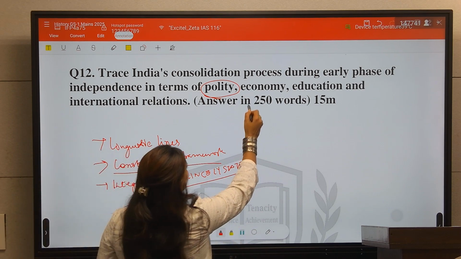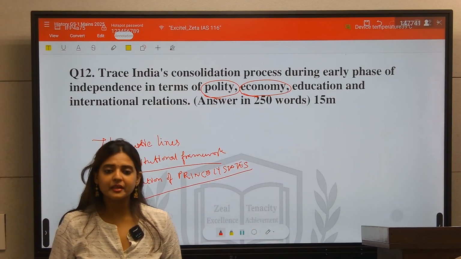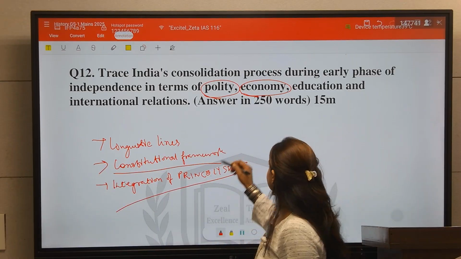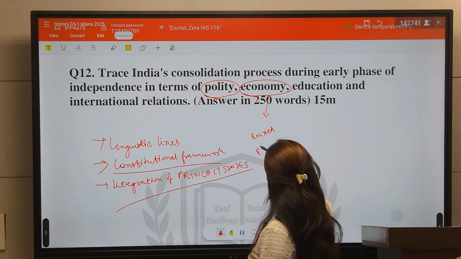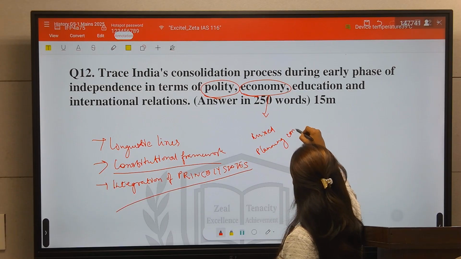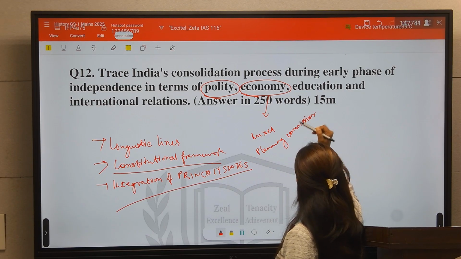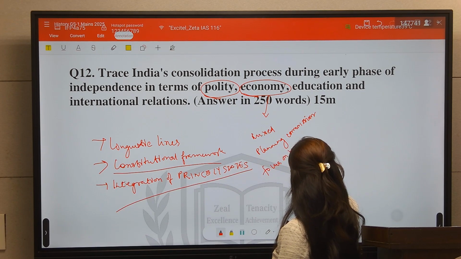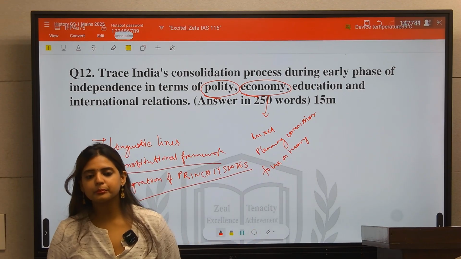In the economy part, you can write about the adoption of the mixed economy model, the planning development, the Planning Commission, the mixed economy, the focus on heavy industry, which would have made India self-reliant and promoted development.